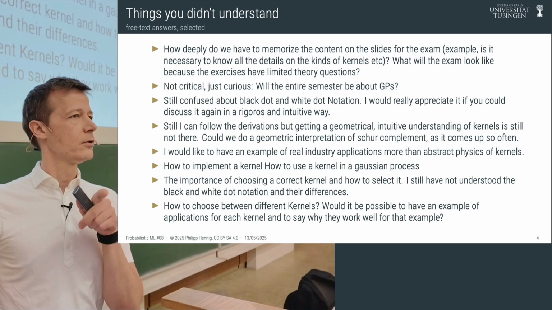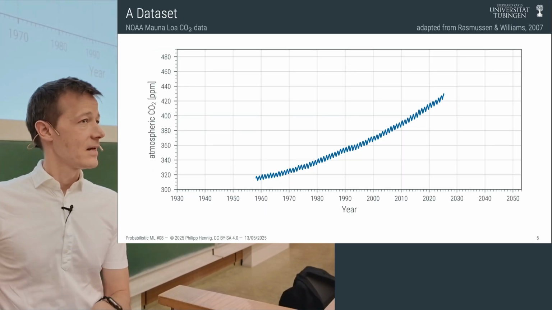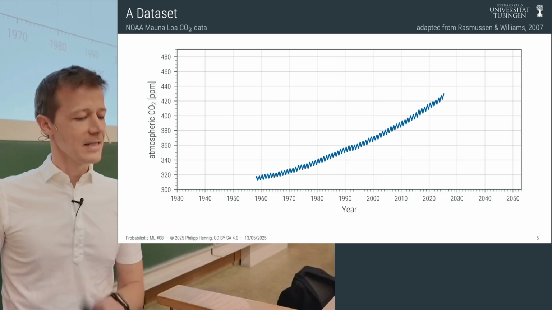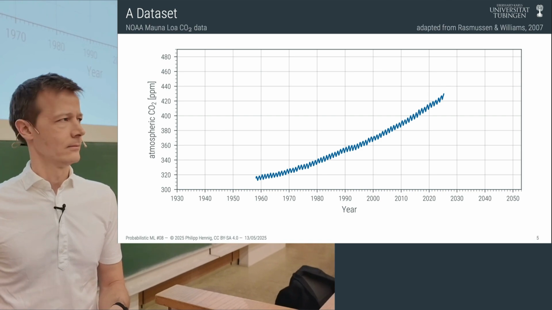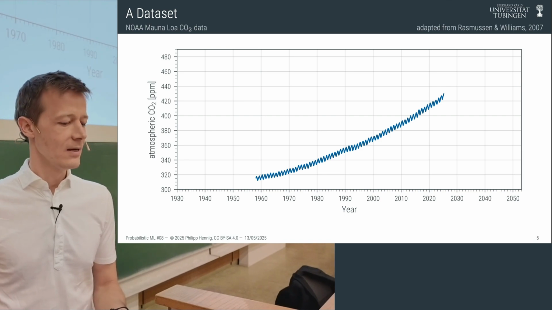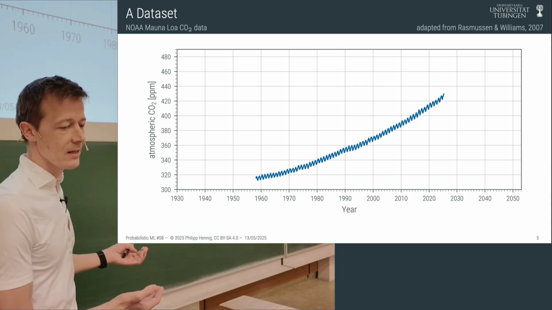So I'm going to do this data set. Yes, it's one-dimensional, but it's very interesting. So who has seen this curve before? Like 6 people. Okay, so this is one of the most famous data sets collected in all of science.